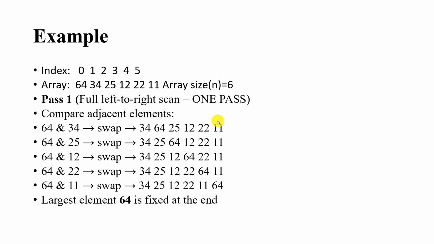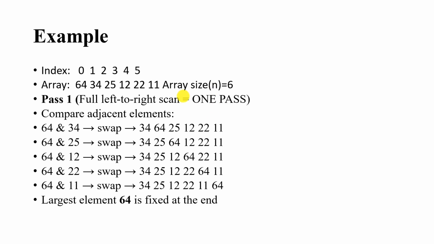Are 64 and 34 in the correct order? Our motto is to sort the elements in ascending order, that means from smallest to largest. So since 64 and 34 are not in the required order, we will swap them.